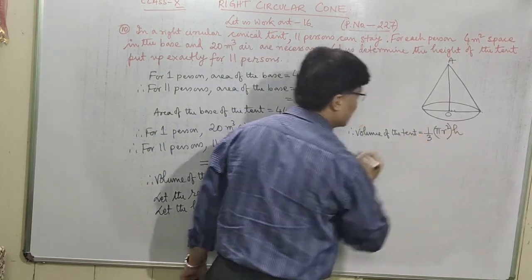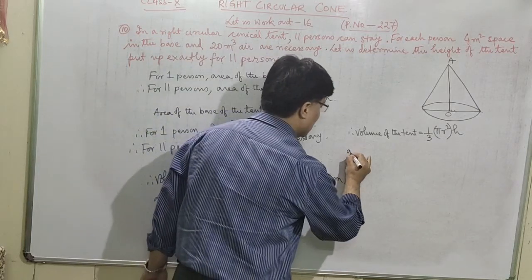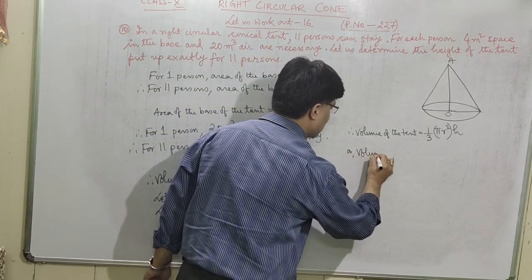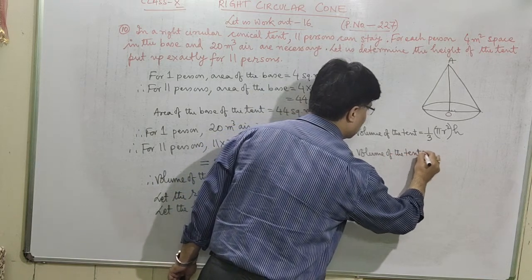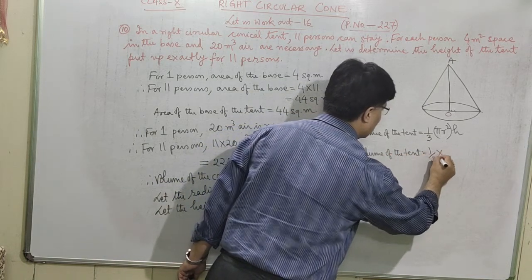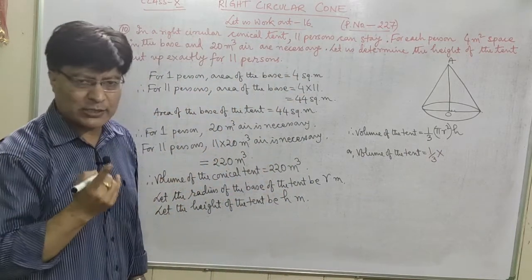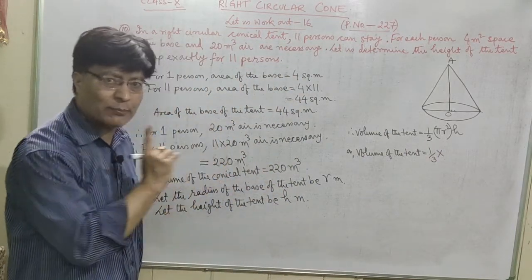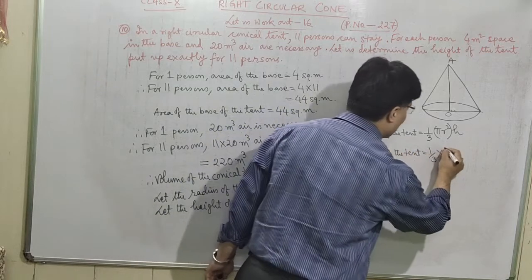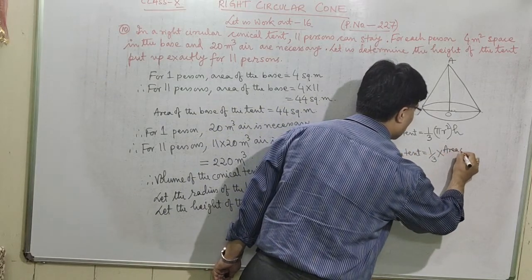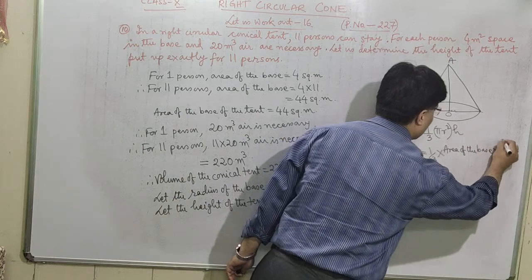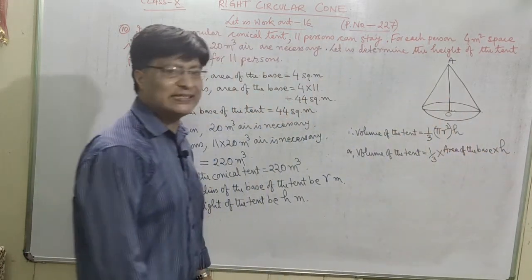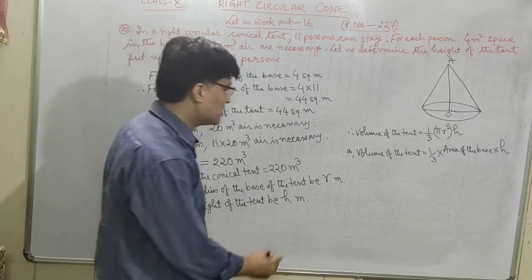This pi r square is the area of the base, right? So volume of the tent is equal to 1/3 into area of the circular base into h, the height of the conical tent. I think you have understood it.